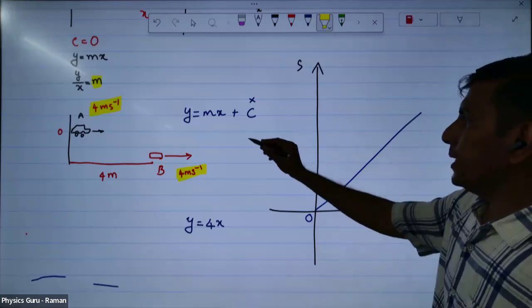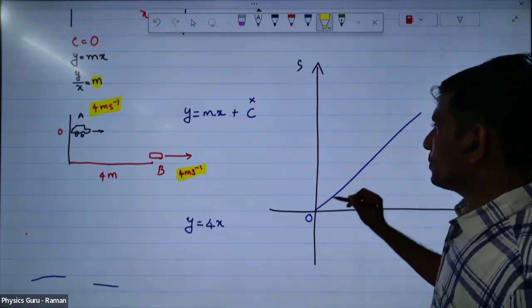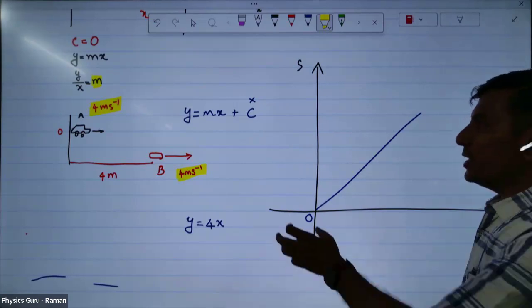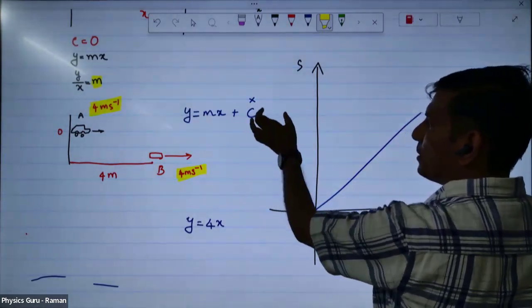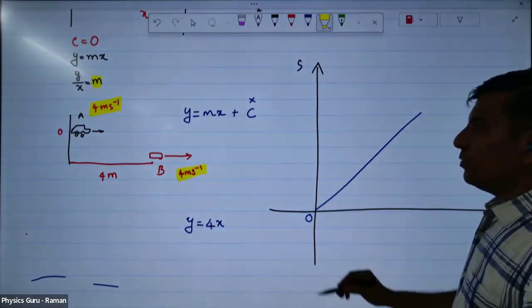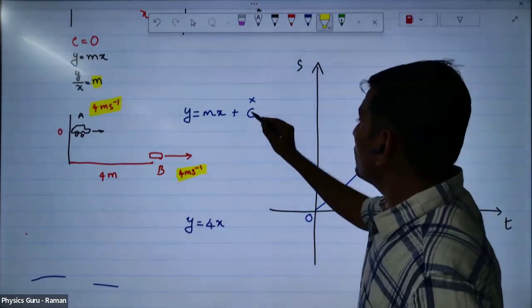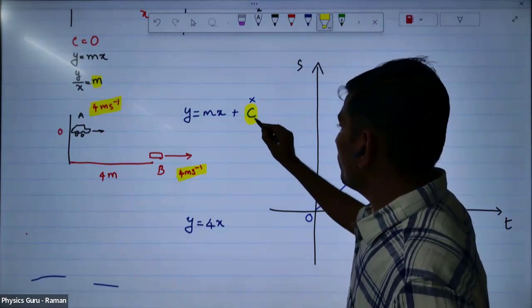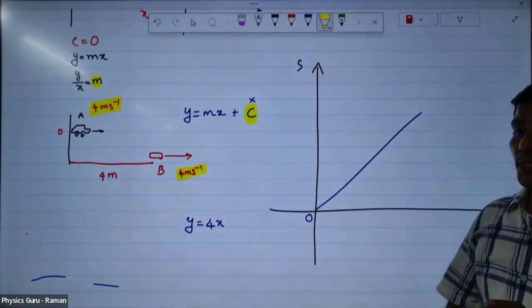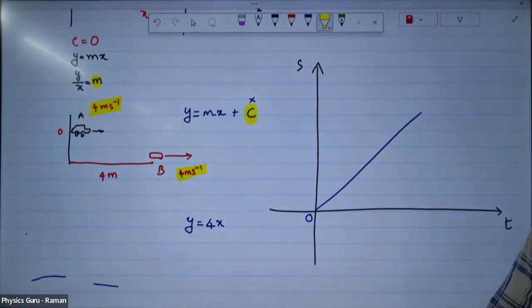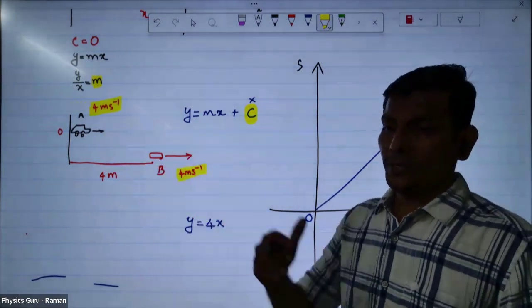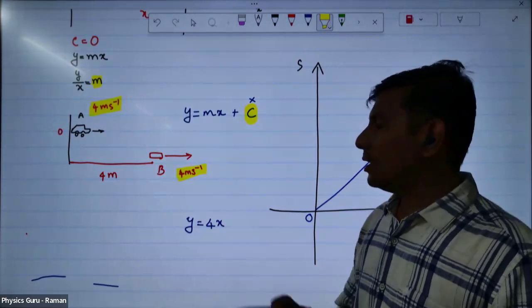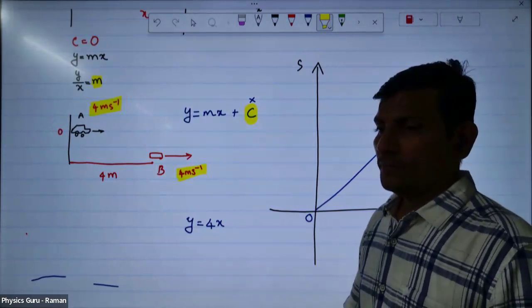So I'm trying to write the equation of the straight line. So what's the equation of a straight line? y is equal to mx plus c. What is c in it? At any given time, if the function does not start from the origin, it will have an initial constant. And that initial constant is called c.